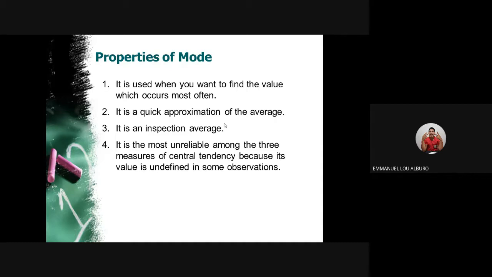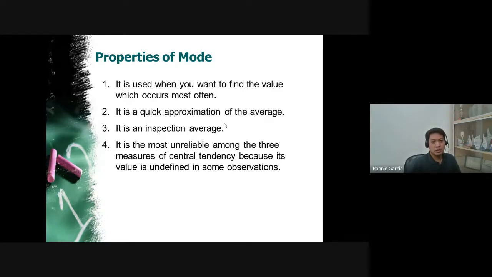How about number 4? It is the most unreliable among the 3 measures of central tendency because its value is undefined in some observations. Again ha, it's unreliable. So if the mean is the most reliable measurement kasi you are taking into account every item, ang pinaka hindi reliable sa tatlo is mode. It's because yung nagbalik-balik lang ang iyong titingnan.